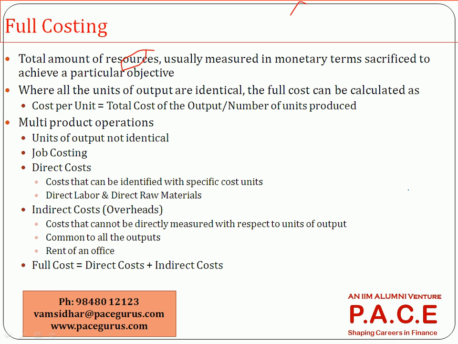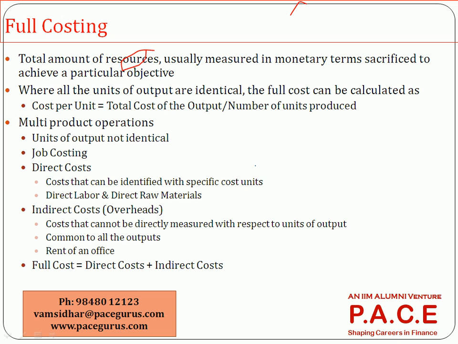But how about if I am working on multiple product lines, or if my company is into multiple business operations where the resources are shared? In that case, how do I find out the profit per unit, which will be found out from the cost per unit? So how do I do the cost per unit in that kind of a scenario?